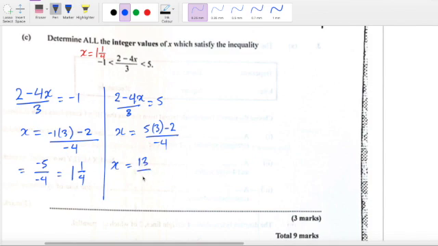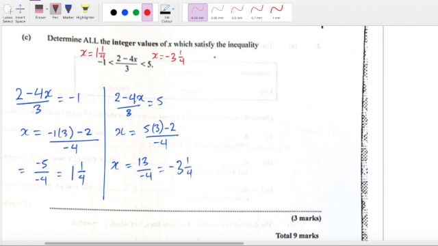So that is +13 on -4. So interesting. 13 on 4 is -3 1/4. So x here is -3 1/4. That is interesting. I would have expected this to be the negative and this to be the positive, but let's draw this on a number line and see.